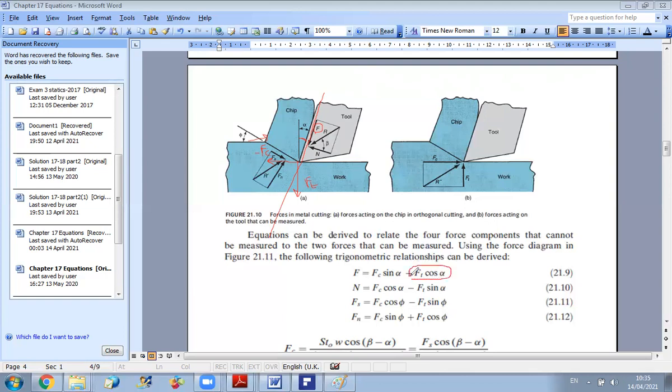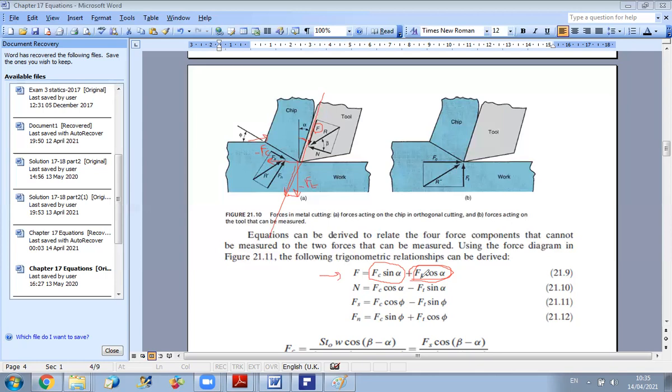Since we are considering minus Ft and minus Fc, the projection of minus Ft will be along F, positive, and the projection of minus Fc along F will also be positive. This is why it's plus Ft cosine alpha. And since Fc is perpendicular to Ft, I multiply by sine alpha, so plus Fc sine alpha. This is the relation between F and Fc, Ft.